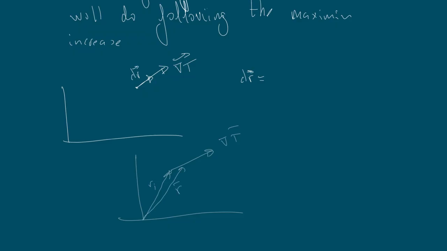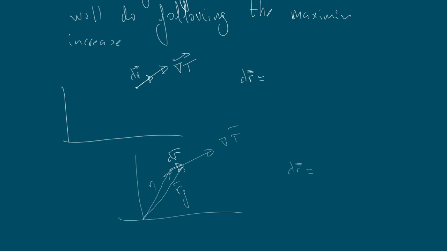So the R final will be like this, in a way that the change in R is this vector. This is the change in R. So I want the change in R to be parallel to the gradient of T.